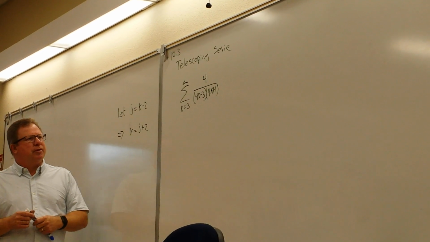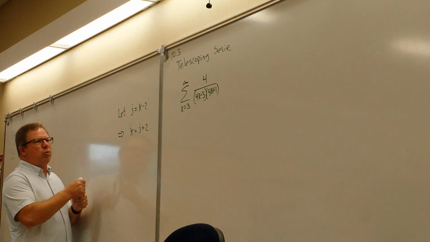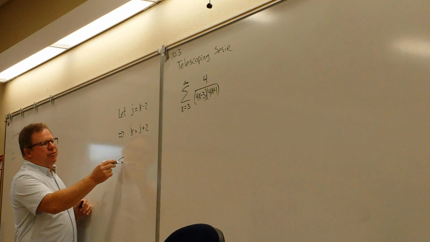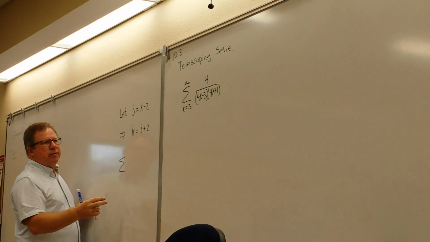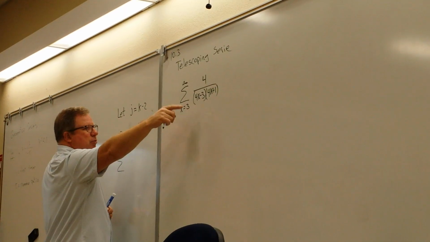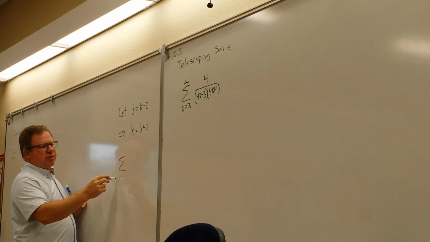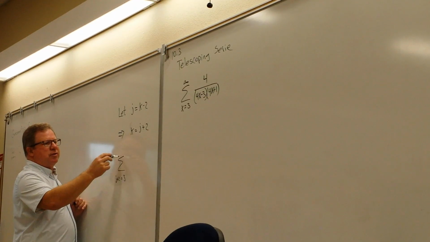So, this is scratch paper work over here. So if we put j plus 2 where this k is and write it in terms of j, we get the sum as j plus 2 goes from 3 to infinity.